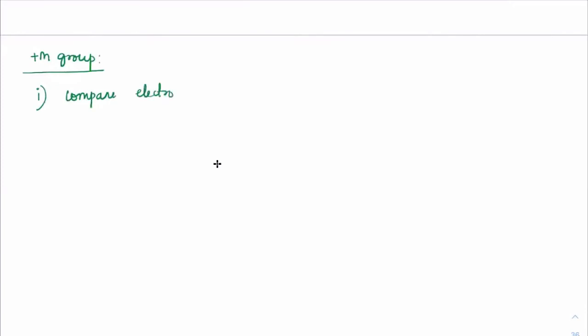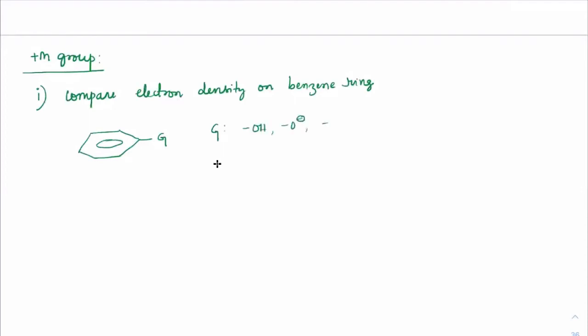electron density on benzene ring. Now imagine benzene is here, which is connected to some group G, and that group G could be OH, O minus, NH2, NH minus, NHCOCH3, and OCOCH3.